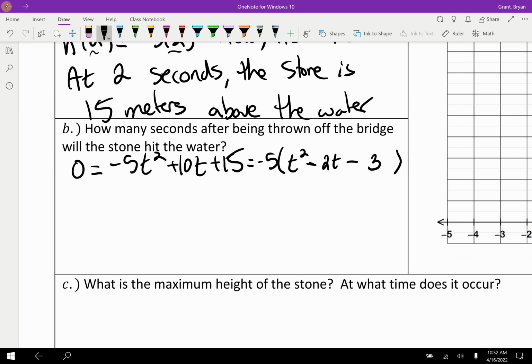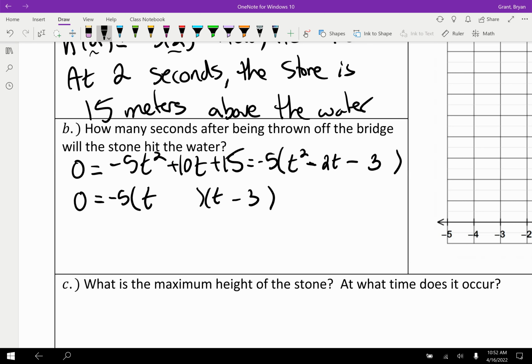All right, the nice part again is I can go ahead and probably factor this equation pretty quickly. This is going to be t and t. Okay, and then we're going to need to figure out what multiplies to make negative 3 and what adds to make negative 2. There's not many things that multiply to make negative 3.